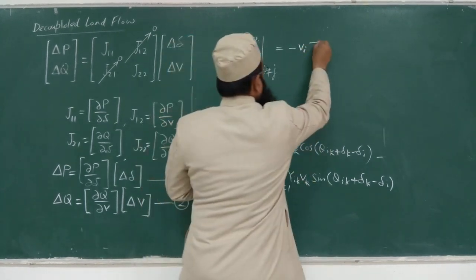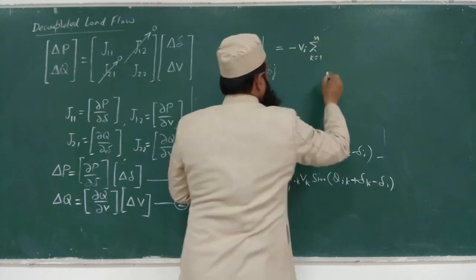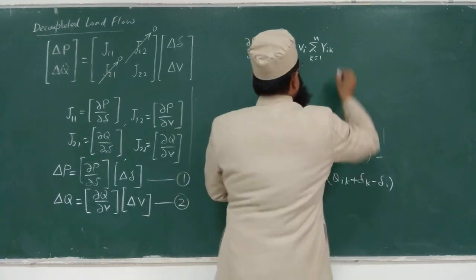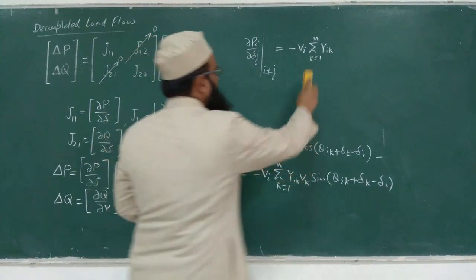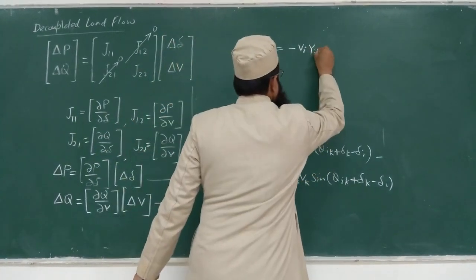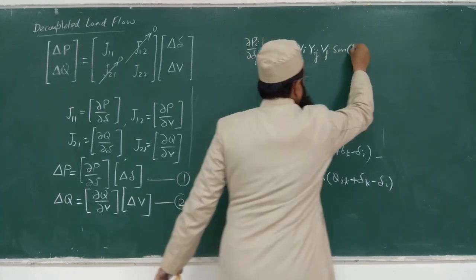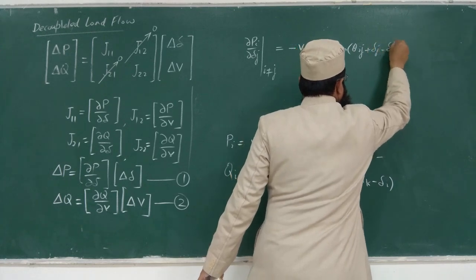Yij, k equal to 1 to n, Yik. We have taken separately, so no need to write all terms. Directly 0, 0, 0 and k term. Yij Vj sine of theta ij plus delta j minus delta i.